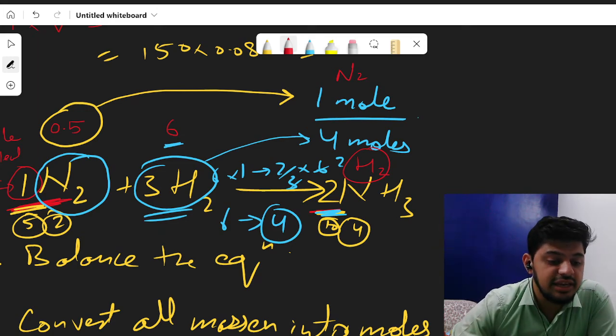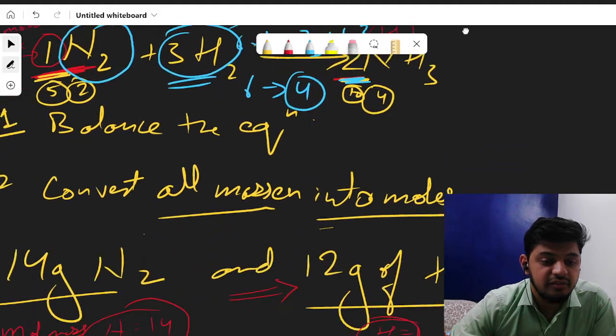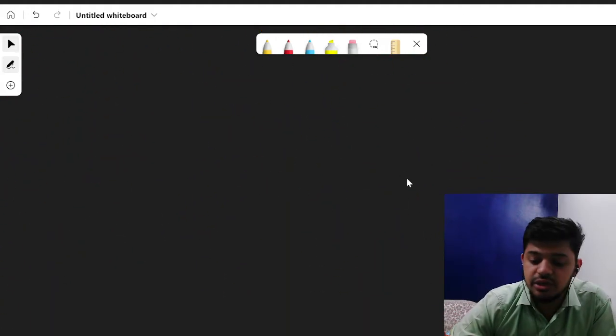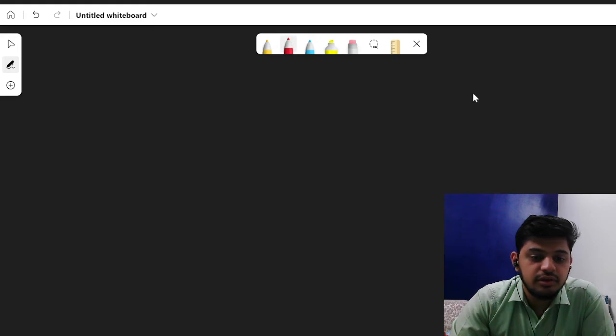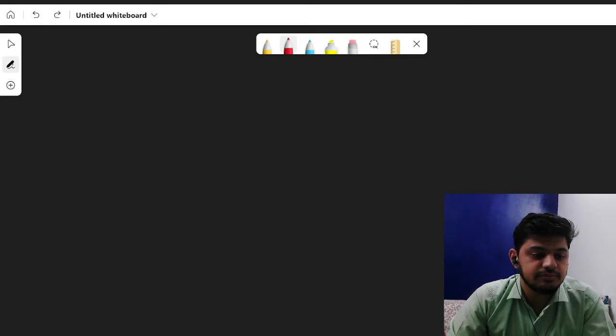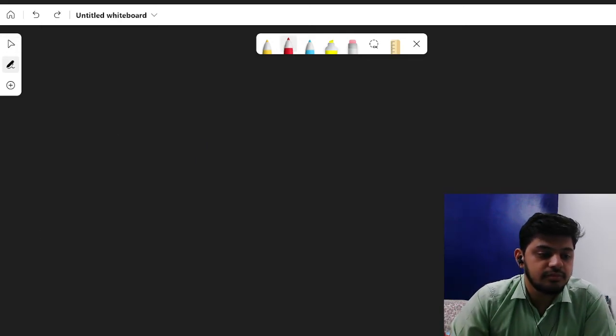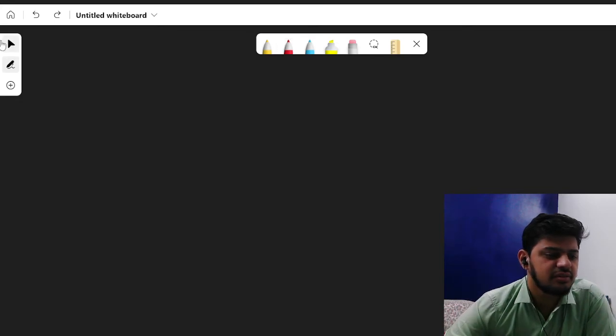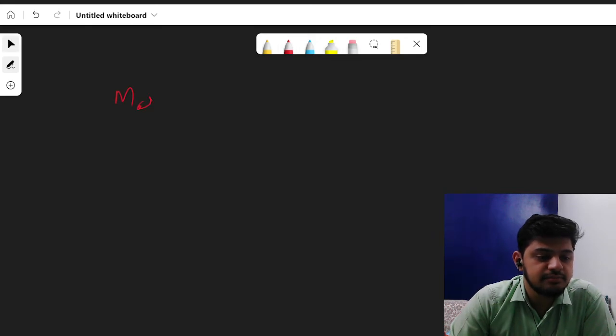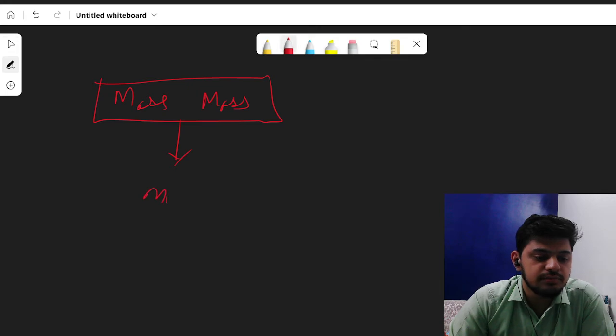Okay, the final trick to solve these types of questions is you always remember that the mass is always given. So just convert the mass into moles and then convert these moles using the coefficients.